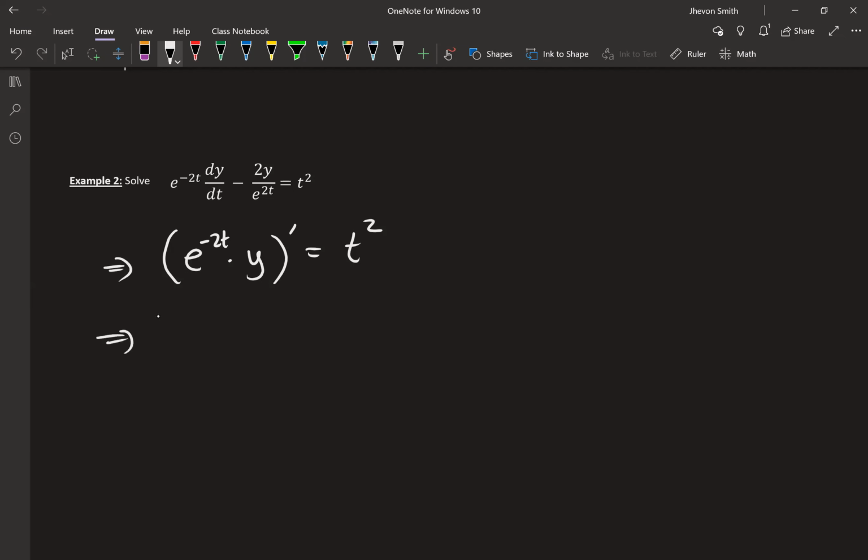Now what I can do is I can integrate both sides. And then I can multiply both sides by e to the 2t.